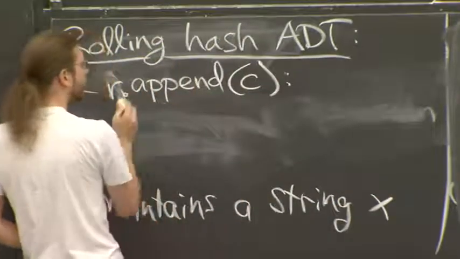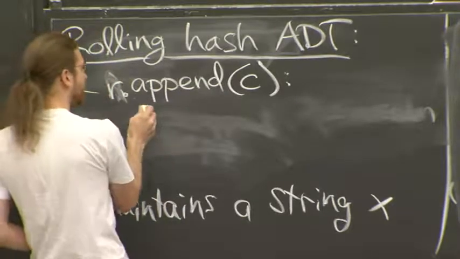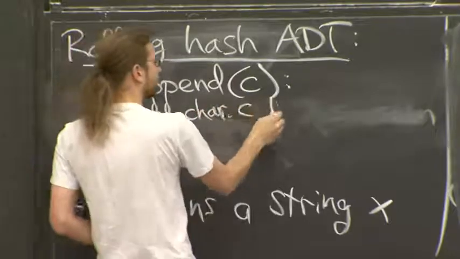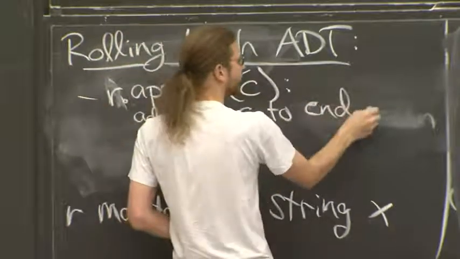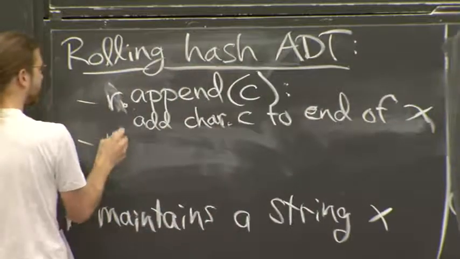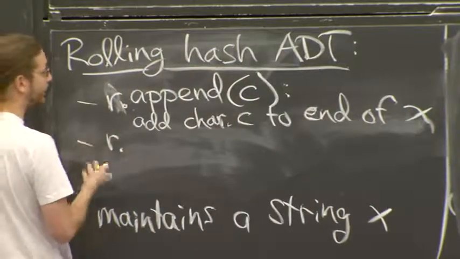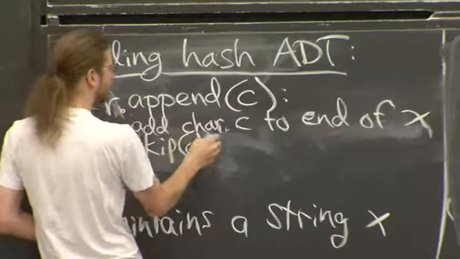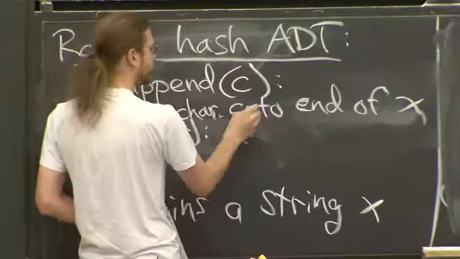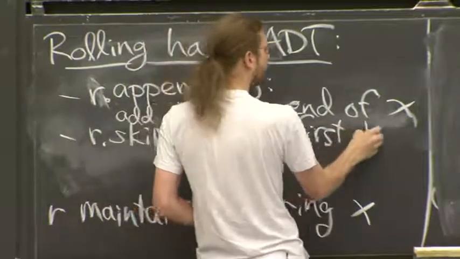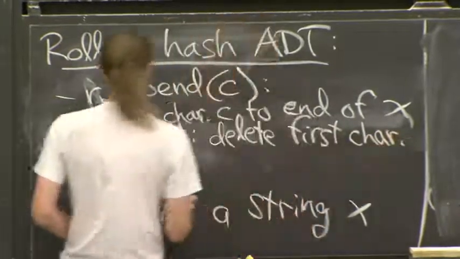And what r.append of c does is add character c to the end of x. And then we also want an operation which is, you might call it pop left in Python. I'm going to call it skip, a little shorter. Delete the first character of x.